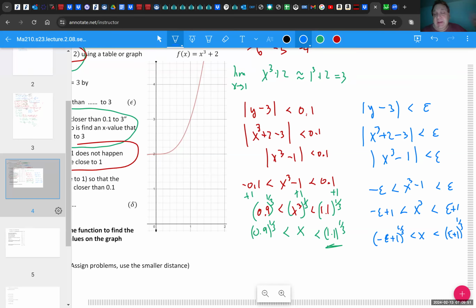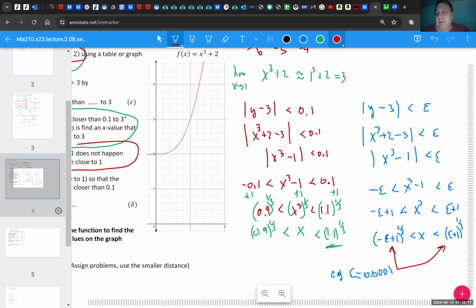And again, no matter what they say, if epsilon is equal to 0.1 or 0.01 or 0.001, they can come back and say, okay, I never think it gets closer than 0.0001. You could just say, okay, I'm going to put this into my formula, and immediately you have an x value which is going to give a value of y closer than 3. So we can refute no matter what number they come up with.